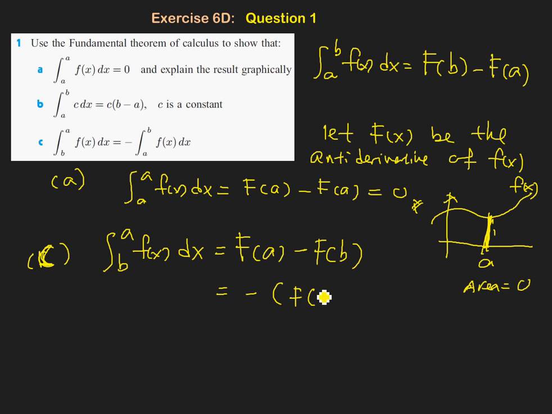Obviously they are just values, but what is this within brackets? Well, if you look up here, that is the integral from a to b of small f dx, and the negative, do not forget that, and then you have shown this.